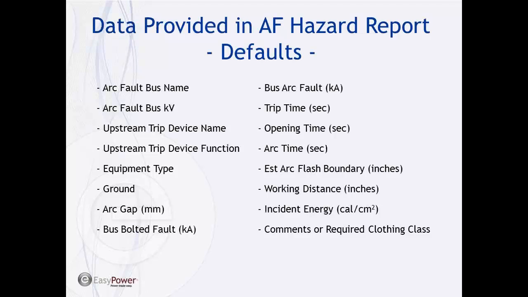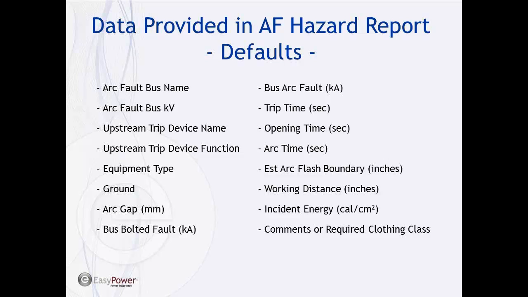The following two slides show the data that is available in the Arc Flash Hazard Report. The first slide shows the categories that are shown by default in the report. Other data that can be shown in the report is included in the second slide.